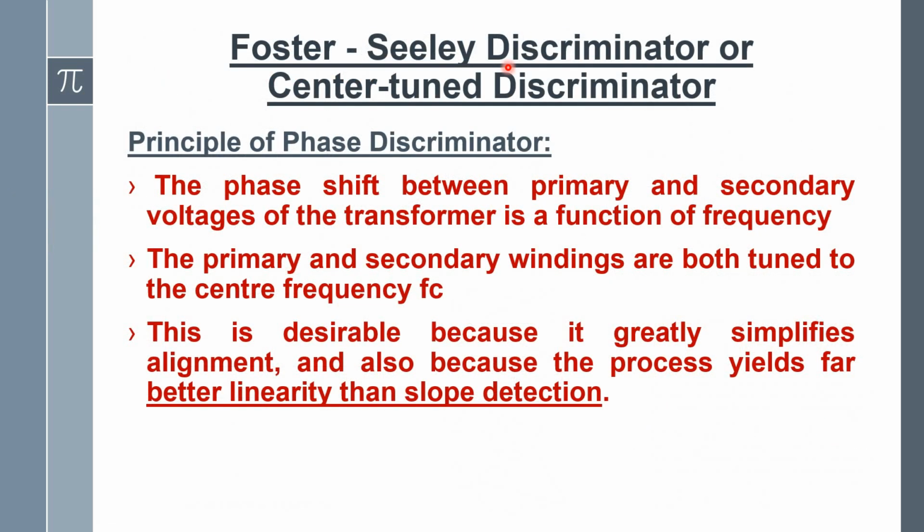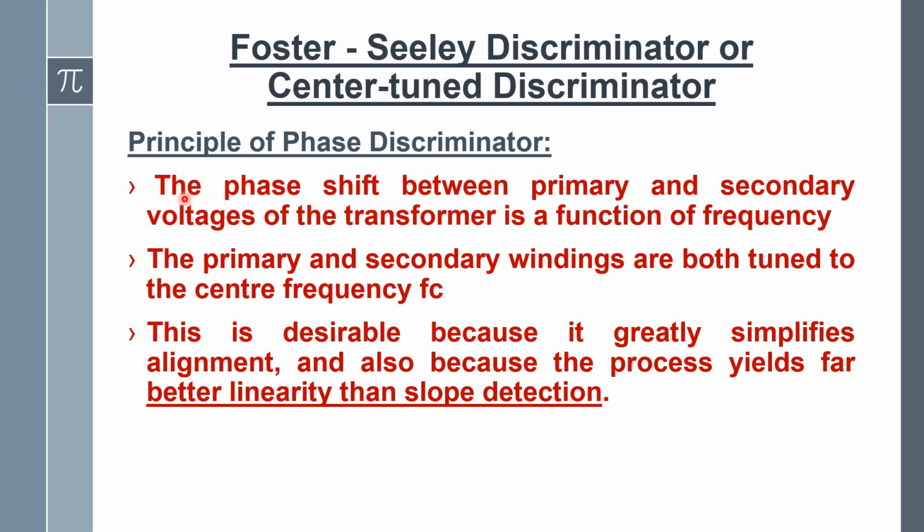Now, what is the basic principle behind the Foster-Seeley discriminator? Here we are specifying the phase discriminator. The balanced slope detector comes under the frequency discriminator, but the Foster-Seeley discriminator is a phase discriminator.